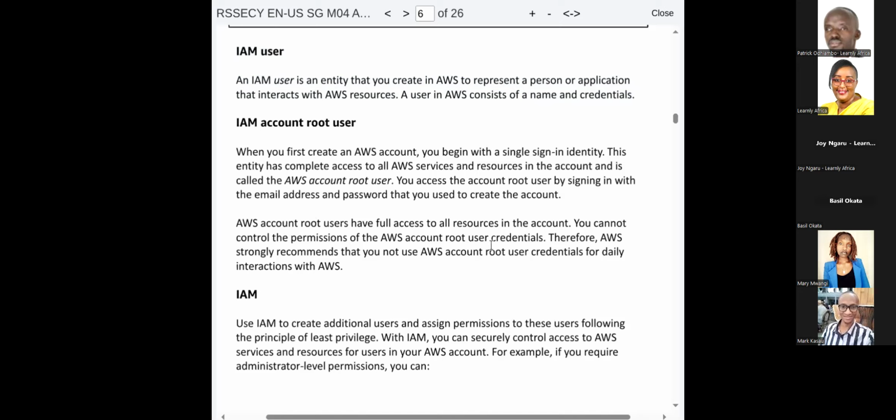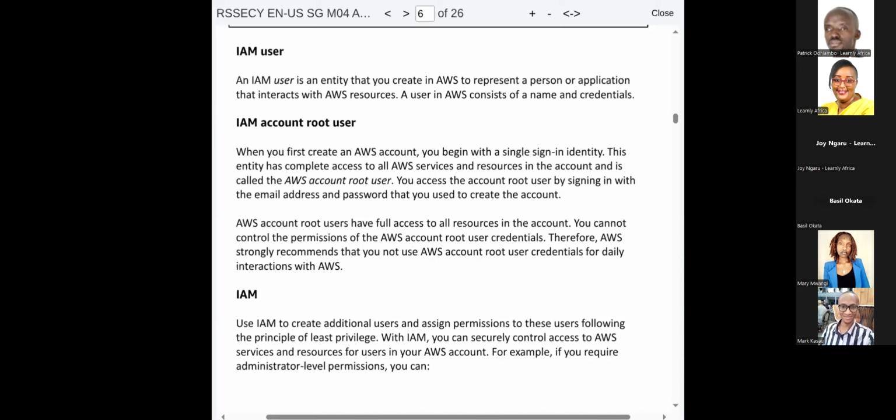Now, there's a good practice when it comes to AWS. The best practice is you minimize the use of root credentials. Let it be used only by the root user when it is totally needed. So, what are you supposed to do?